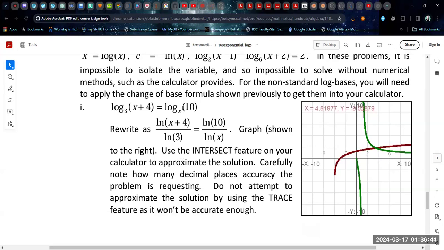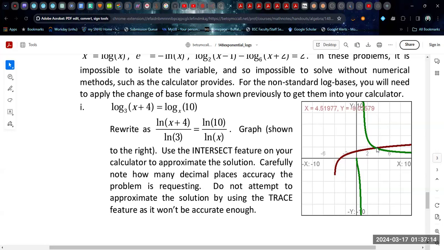Now, if I have this example right here where I have log base 3 of something is equal to log base x of 10, what I can do is I can rewrite this as a natural log change of base formula in order to put them into my calculator. And then I can go ahead and use the intersect feature on the calculator in order to determine where they cross each other.